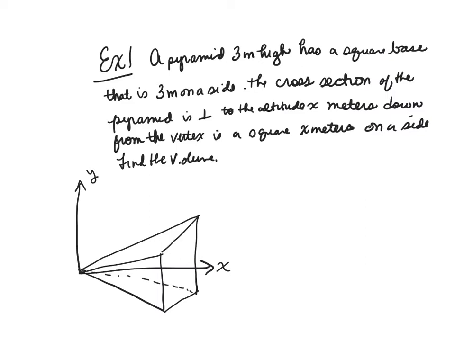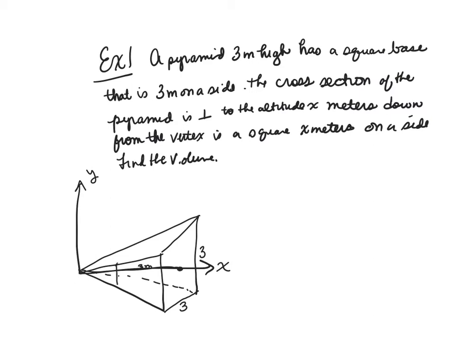Okay, so it's 3 meters high, so that's going to be the height of the pyramid, which means that's going to go from the x-axis up until the vertex, and then it's got 3 meters on each side, so that's those 3's, and I just wrote them on the squares. So this point right now is going to be the height, so that's the 3 meters high.